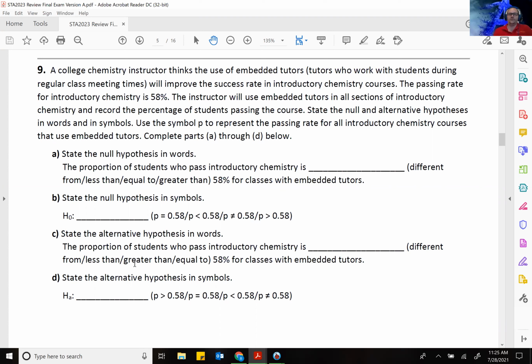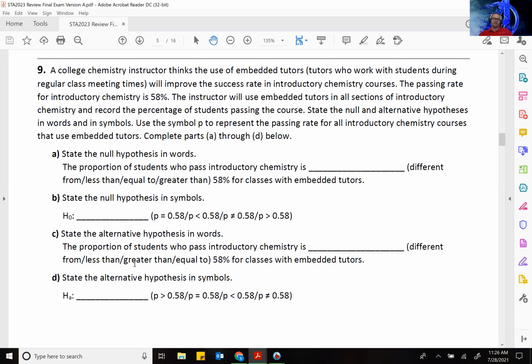The instructor will use embedded tutors in all sections of introductory chemistry and record the percentage of students passing the course. State the null and alternative hypotheses in words and in symbols. Use the symbol P to represent the passing rate for all introductory chemistry courses that use embedded tutors. All right. So part A, state the null hypothesis in words.